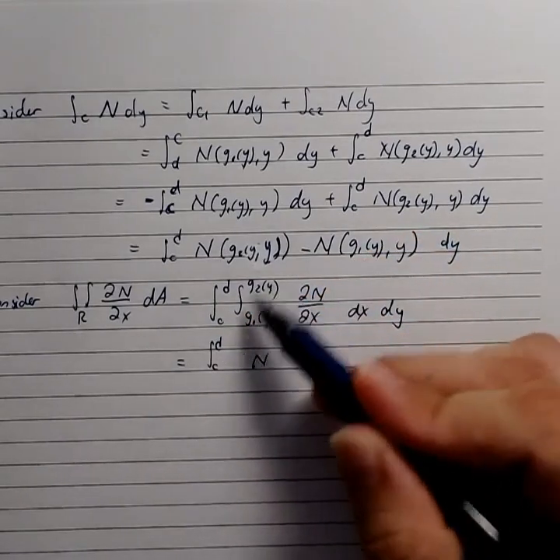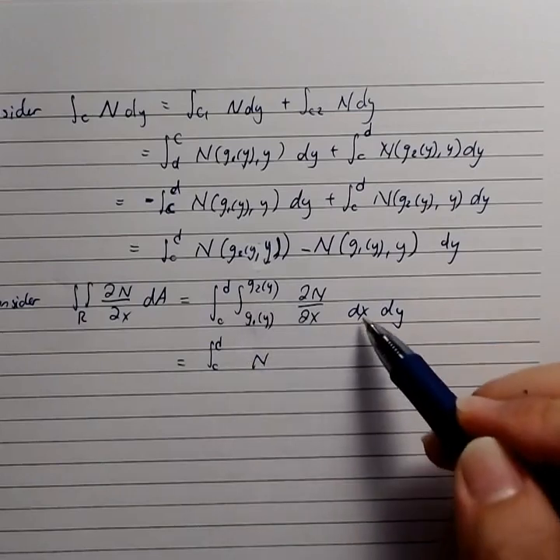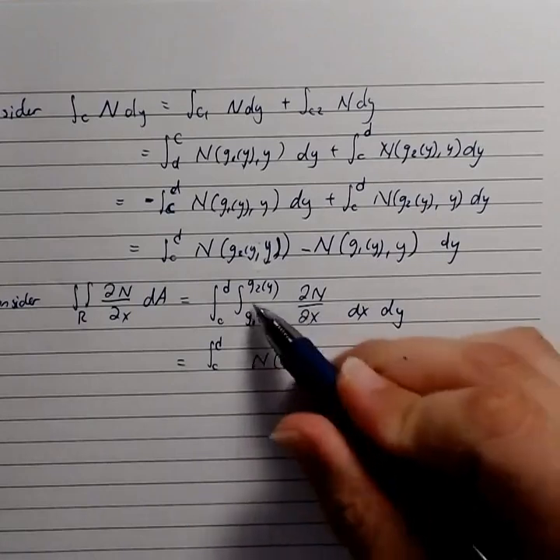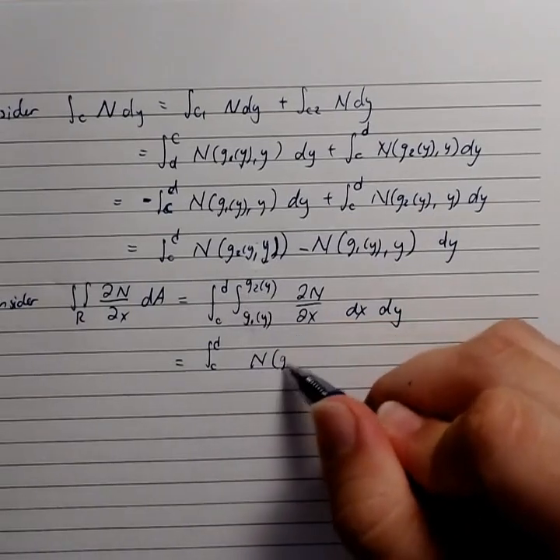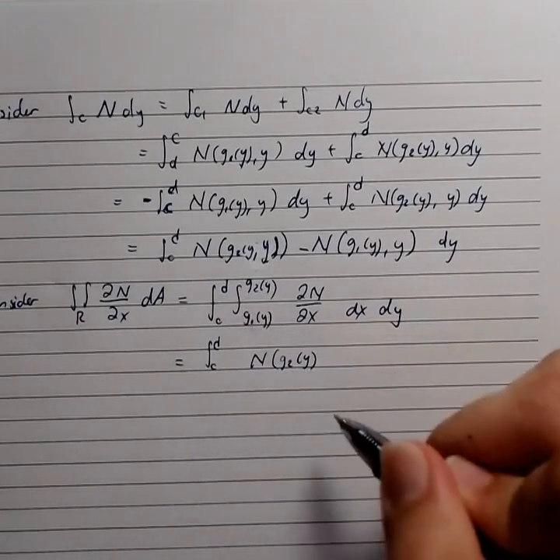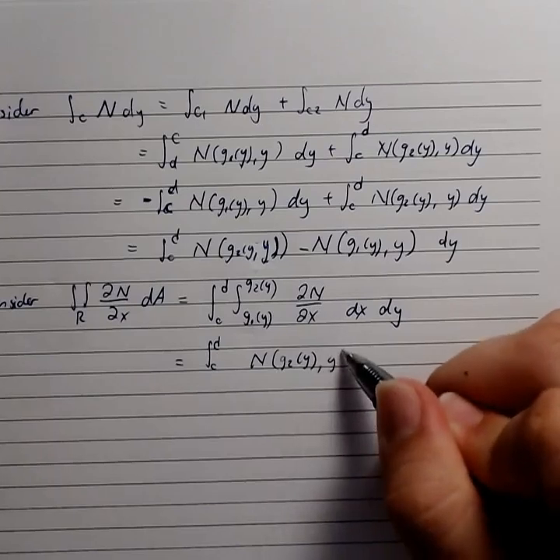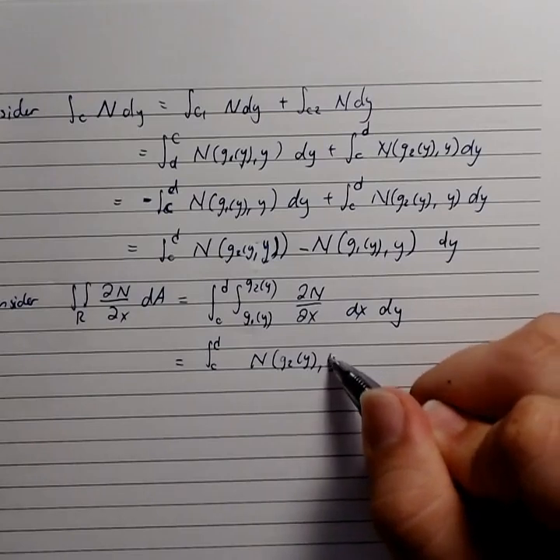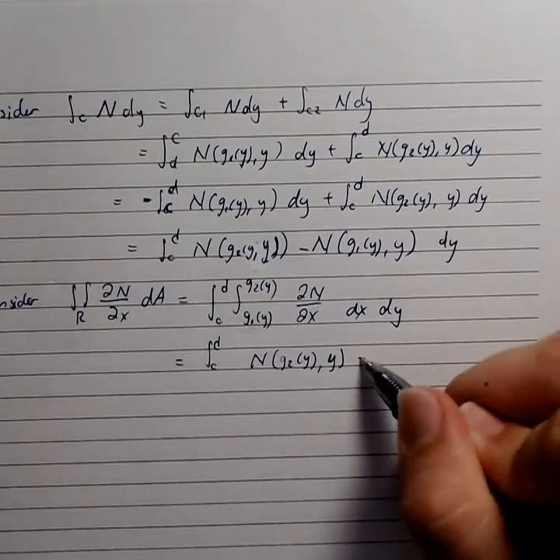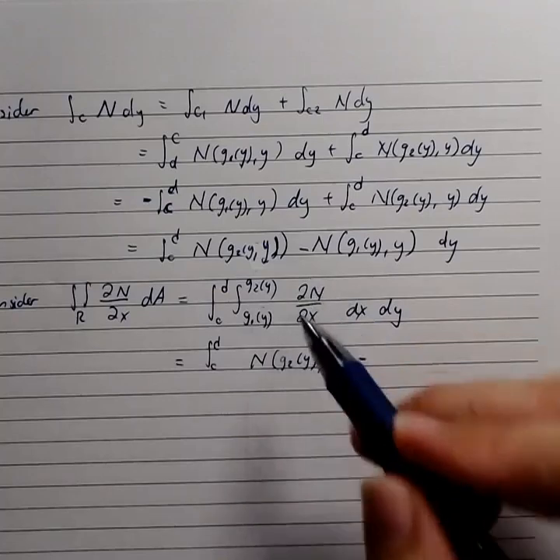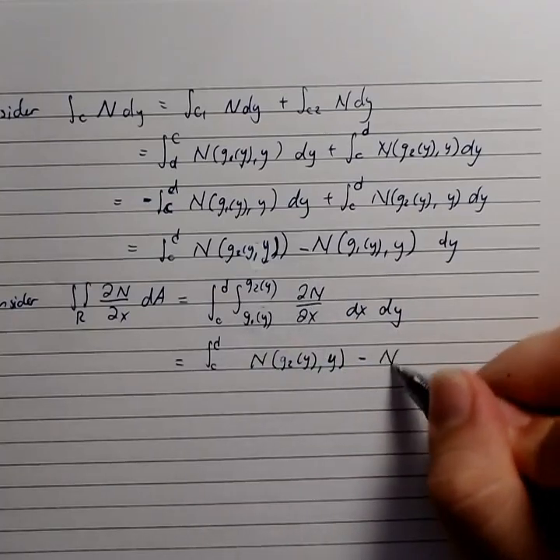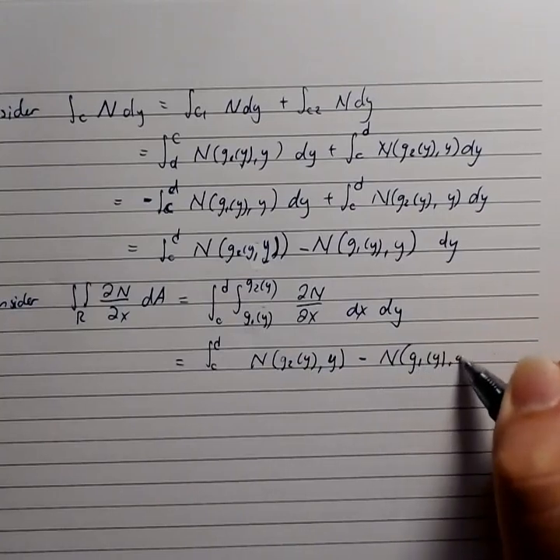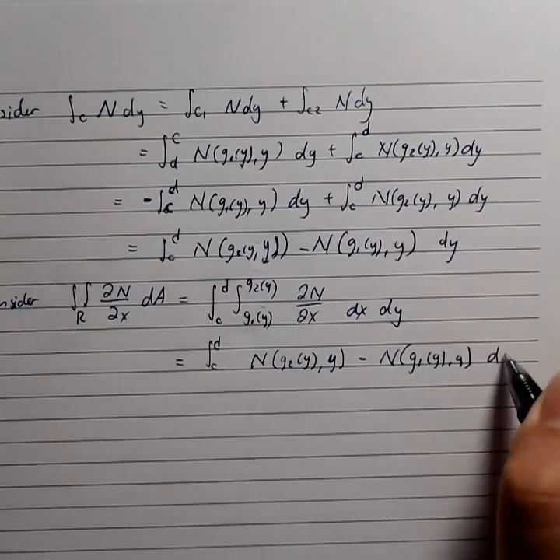Oh, but now we're evaluating at these bounds. Okay, well, we're evaluating x at these bounds. So here, my x is going to be g2 of y, comma y. Minus my lower bound, that's going to be n of g1 of y, comma y, dy.